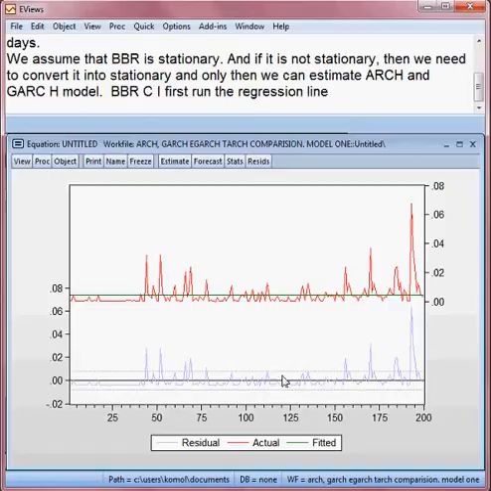This is the fluctuation of the residual. From day 1 until day 40, the fluctuation is very low.